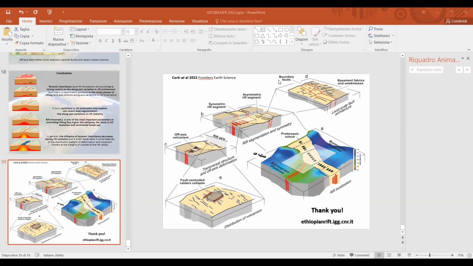But the general picture of seismicity seems to support this view of an along-axis variation from marginal deformation in the south to axial deformation in the north. And of course, there are still ongoing studies, also here in Florence by Derek Keir and others, who are still collecting data on this.